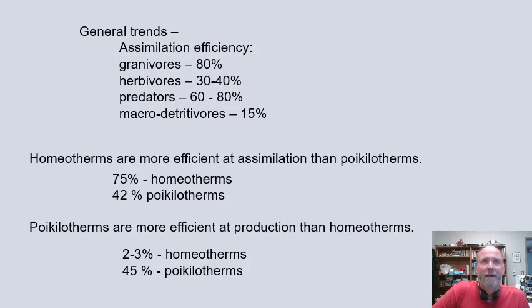Okay, some are really efficient at ingesting or at consuming. That consumption efficiency can be really, really good. It can also be really, really low. If you think about large predators like cheetahs, okay, for every time they try, they've got a pretty low rate of capturing prey.